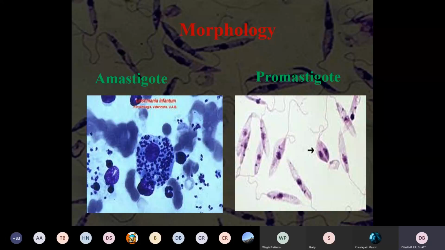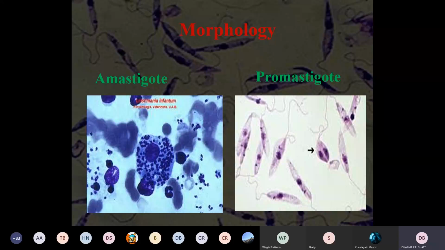Right. So these are the amastigote forms of Leishmania donovani, which are much smaller but much larger than the bacteria. We'll discuss size also. So these are mostly intracellular.